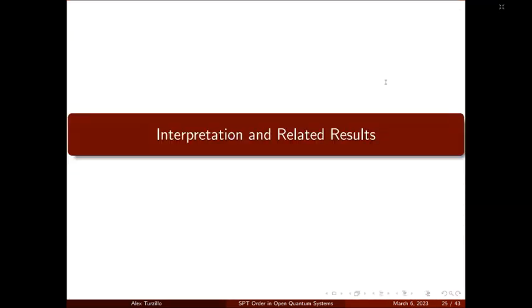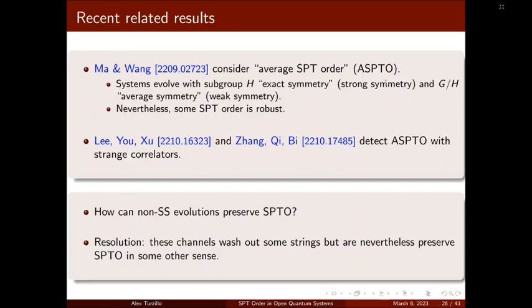So finally, I'll just talk about some recent related results and draw some connections between them. In Chong's paper, they talk about average SPT orders. They have a section that is more relevant for what I've been talking about than what we heard in the last talk. These are systems that evolve with a subgroup of exact symmetry, which is essentially strong symmetry, but also with an average symmetry.